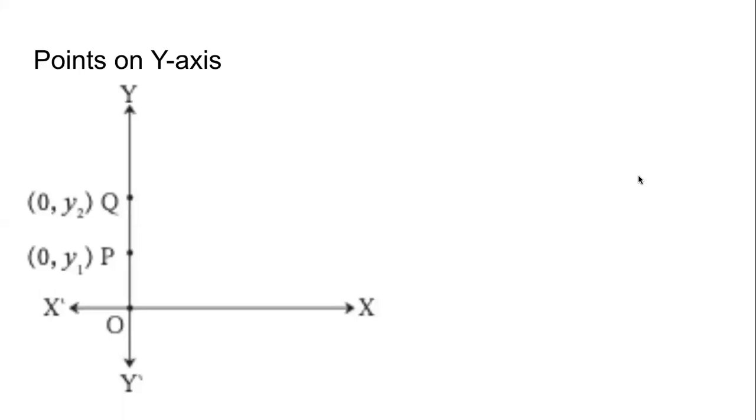Now, based on what we studied just now, when the points are on the x-axis, the distance between the 2 points is x2 minus x1. Can you tell me on your own, without me explaining anything, what will be the distance between P and Q in this case?